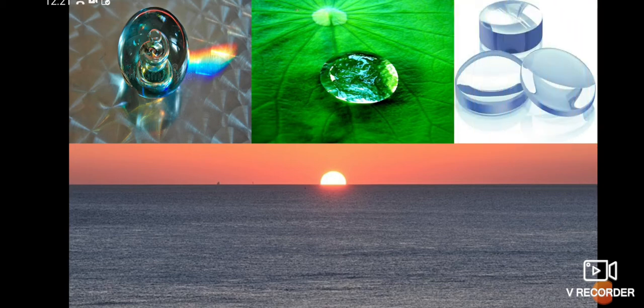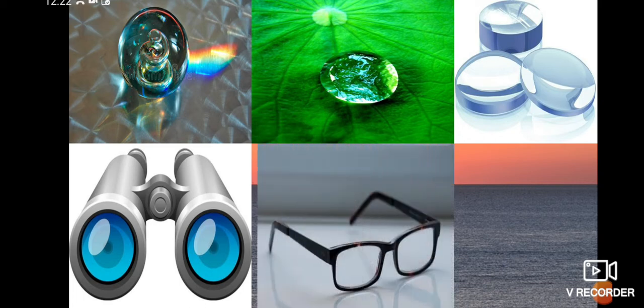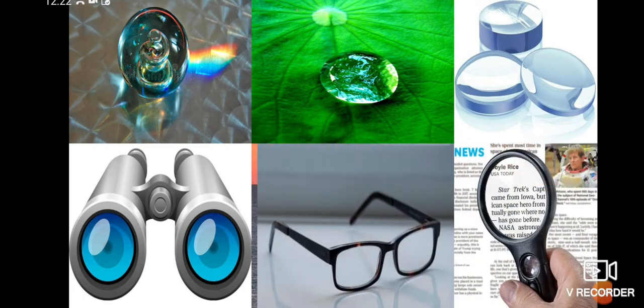Curved surfaces, mirrors, lenses, already we have got an idea about this in our lab also. Binoculars, lenses means spectacles, magnifying lens. Now what is the common feature among all these images?